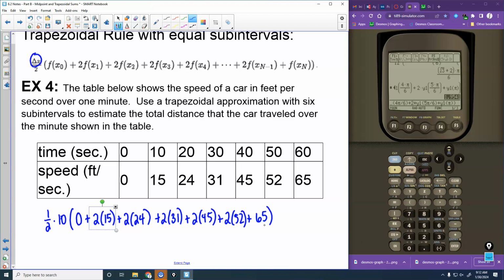All of those middle numbers get used twice. The end points only get used once.